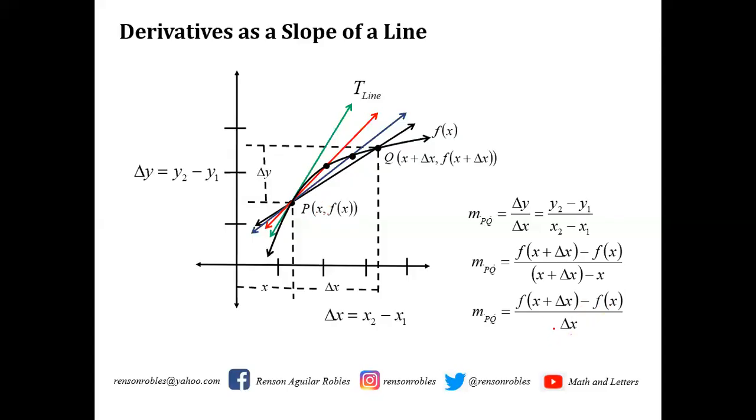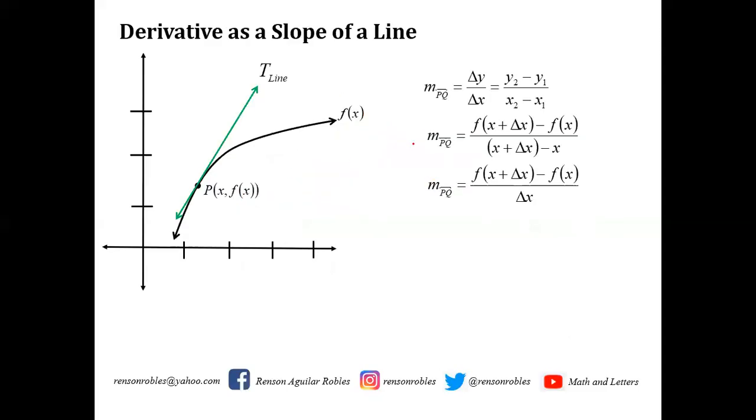Okay, so what if we want to find the equation or the slope of this tangent line? Okay, so again, we shall consider this slope of the secant line PQ, that is f of x plus delta x minus f of x all over delta x. And we know that this delta x cannot be equal to 0, since if the denominator is 0, we know that the function is undefined.